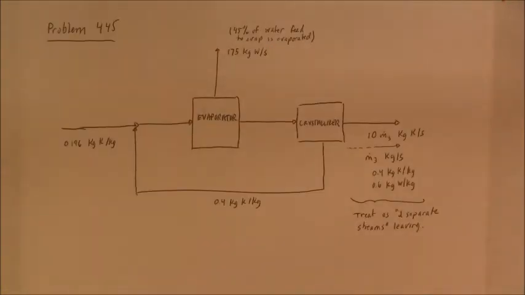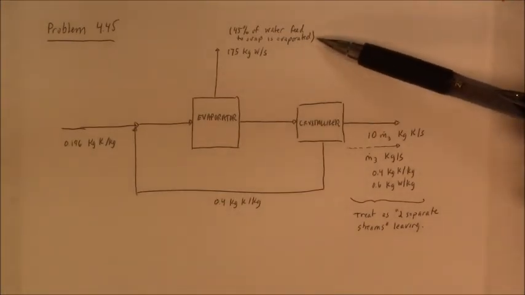For our next example, we're going to look at problem 4.45, which involves an evaporation crystallization process to produce potassium sulfate crystals. Shown in the image here is a drawing of the process with the information that's provided. I only labeled the process information that was given in the problem statement.